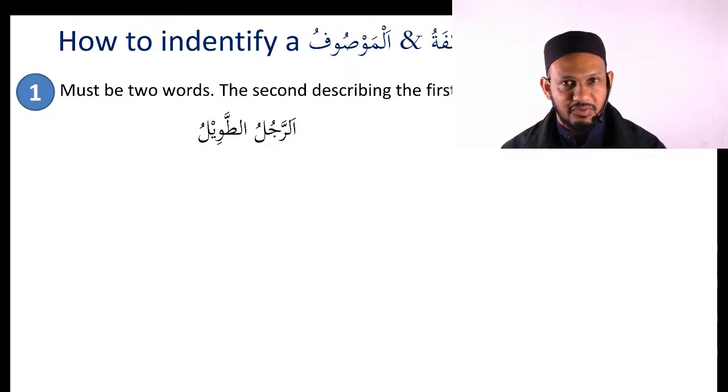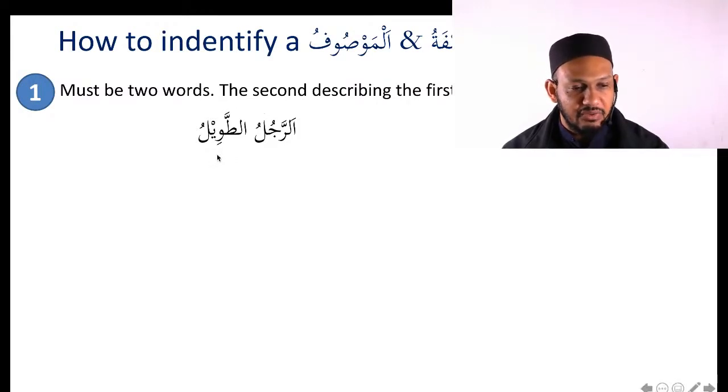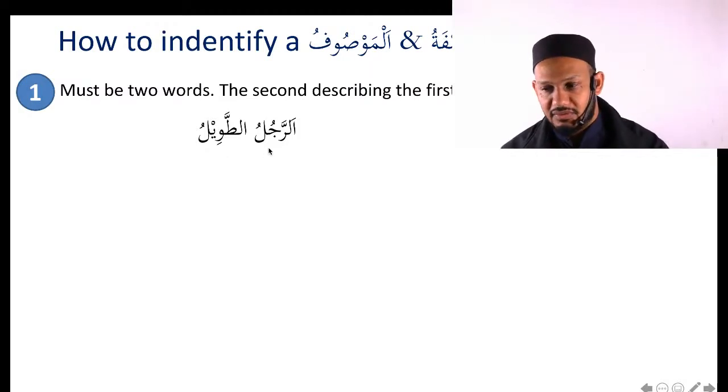So that's the first thing. Before we even go to gender and matching and all those things, the second word must describe the first word. For example, ar-rajulu at-tawilu, rajul means the man and tawil means tall. The function of the word tall is to describe the man. Linguistically, the second word must be placed there to describe the first word.